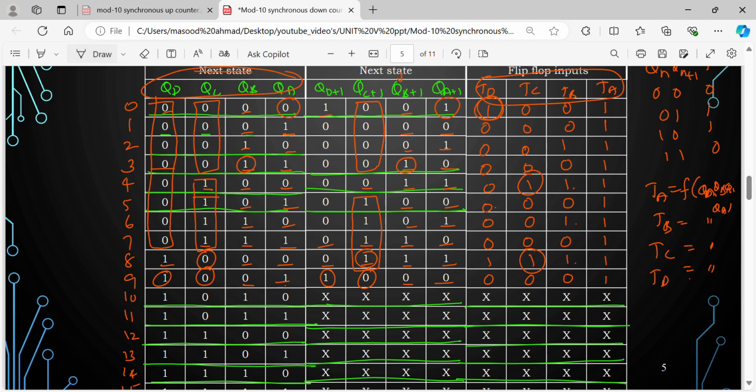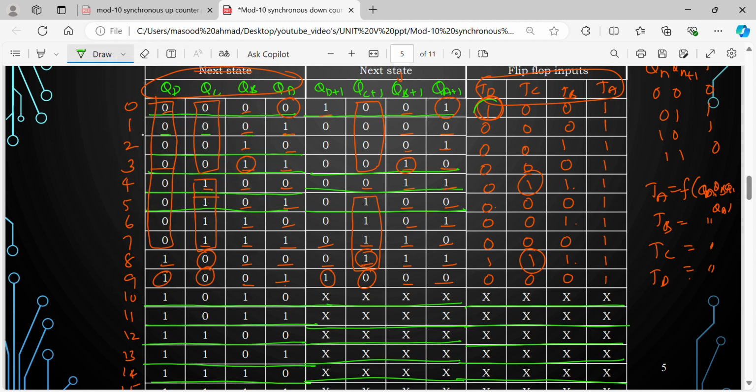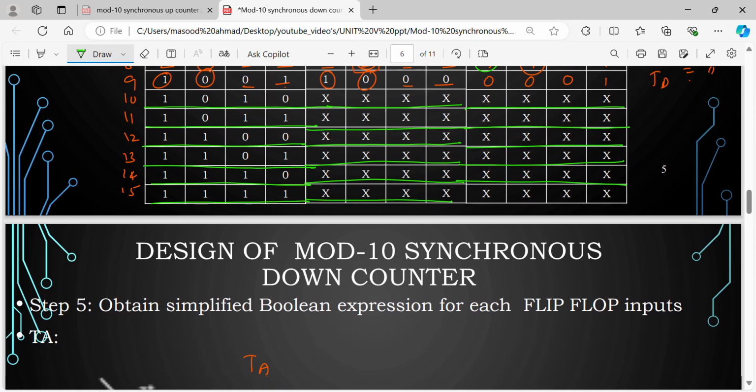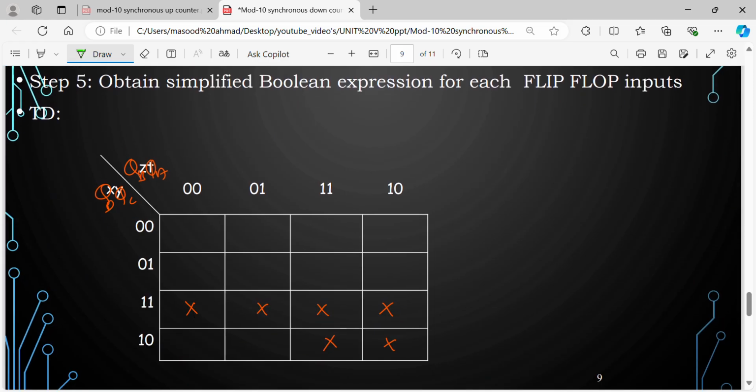Here I can change the color if you require. So for 0 it is 1, for 8 it is 1. So I can combine these two, and also I can combine these two.